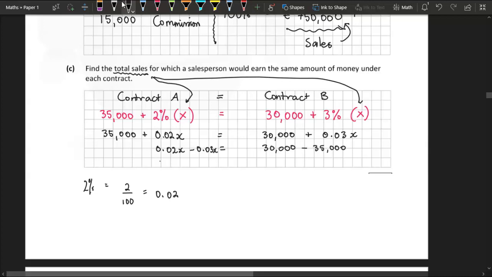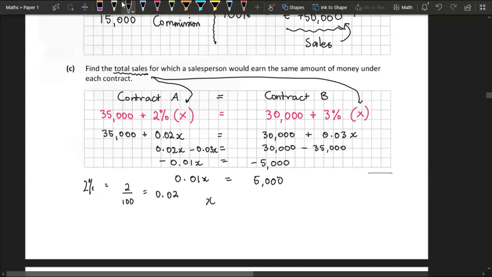So here we've got minus 0.01x is equal to minus 5,000. So when you keep working down through it, there's a minus on both sides, so you end up with 0.01x is equal to 5,000. So you want x.